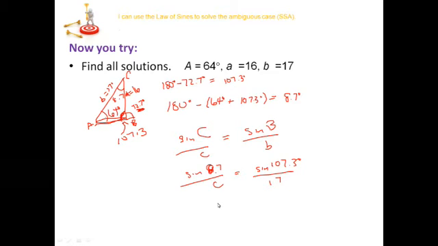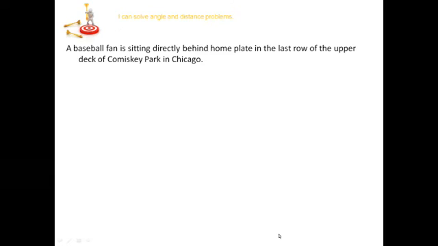So C is going to equal 17 sine 8.7 divided by the sine of 107.3. And I'm going to get a C of about 2.7. Okay, so there you have it.